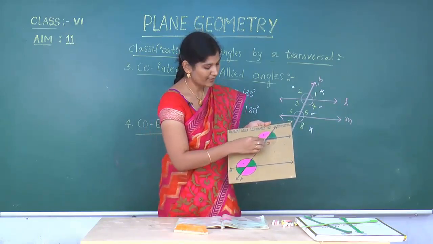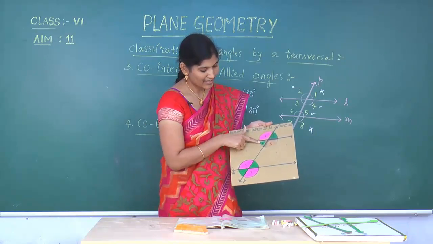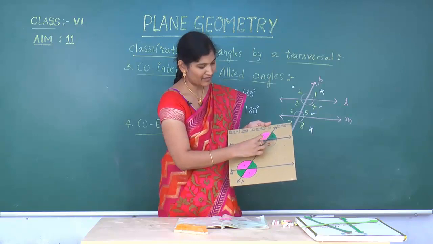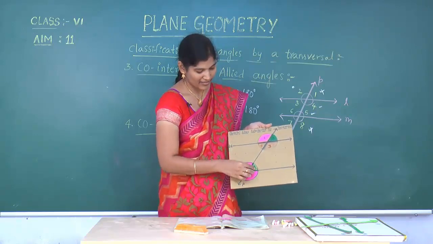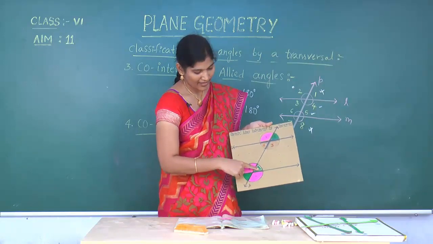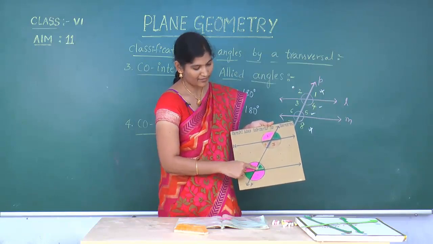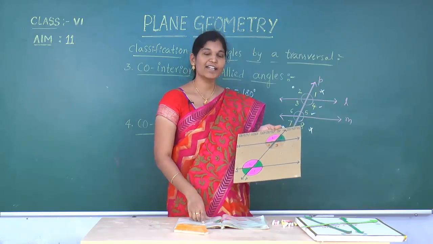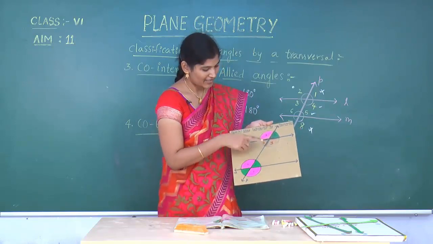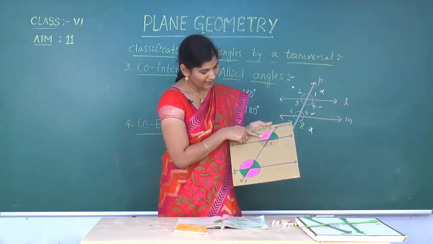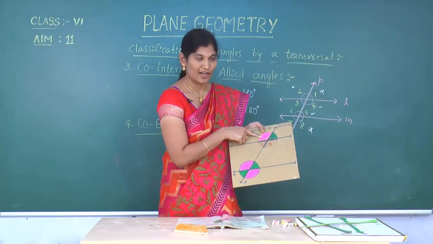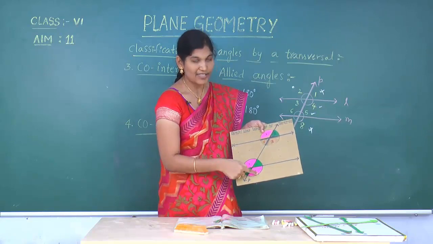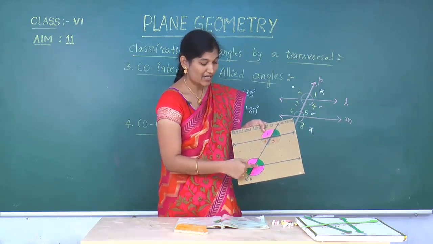And let me show you one more angle, and this corresponding angle is this one only now. So I am replacing this one and I am keeping it on this. See how exactly it is equal. So now let me check alternate exterior angles. Here this is exterior and this is on this side of the transversal, and this is exterior angle on that side.